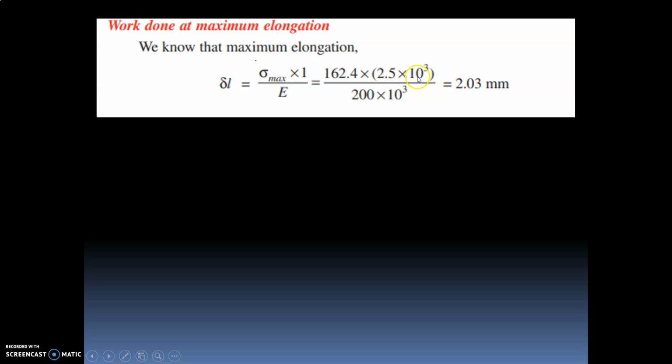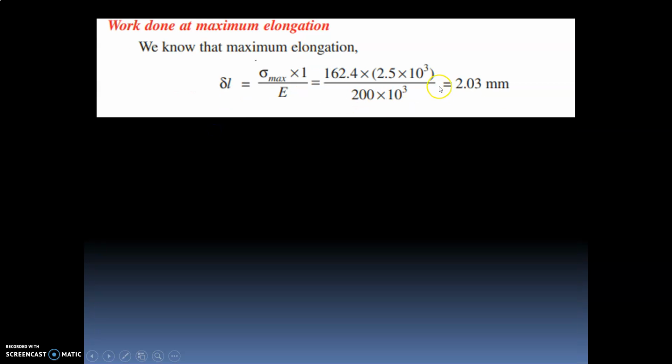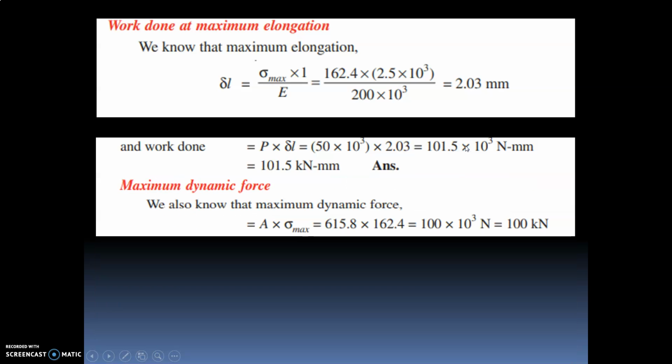L is 2.5 into 10 raised to 3, divided by E. E is Young's modulus, 200 GPa or 200 into 10 raised to 3 Newton per millimeter square. So you get the deformation equal to 2.03 mm. Once you get the deformation, you can calculate the work done.